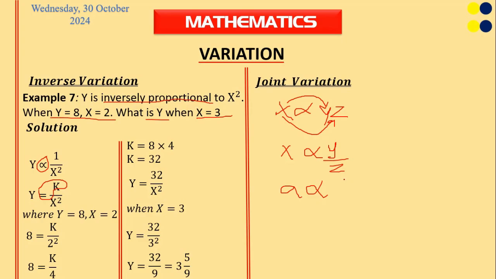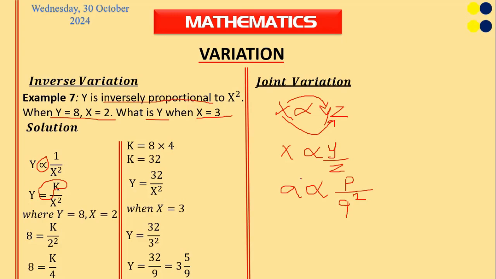So in any case where more than one quantity is involved, it means the main quantity varies with respect to more than one quantity.